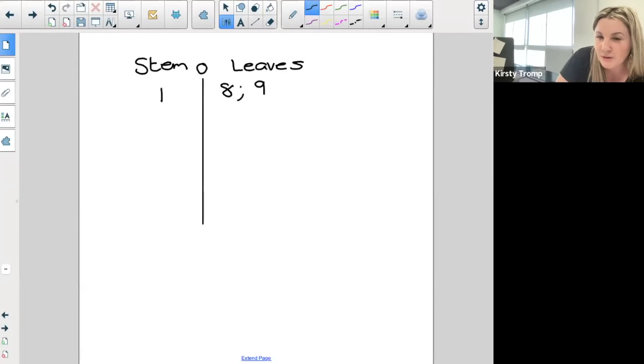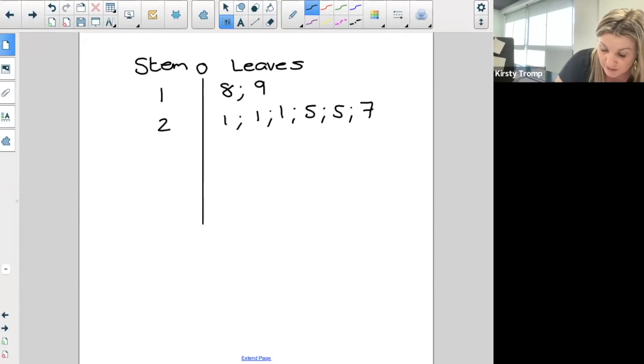Now, based on your list, the next stem is the number 2. So the next ones are 21, 21, 25, 25. Our stem is the 2, and our leaves are 1, 1, 5, 5, 7, and then 8.